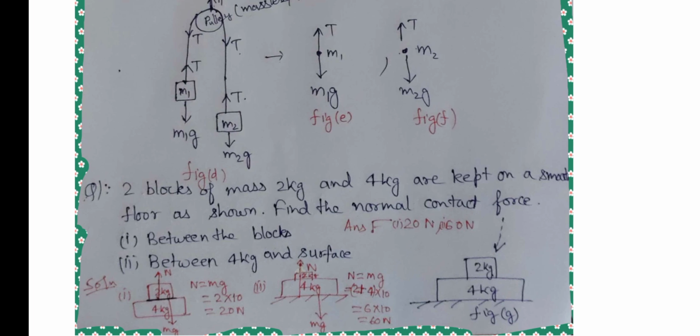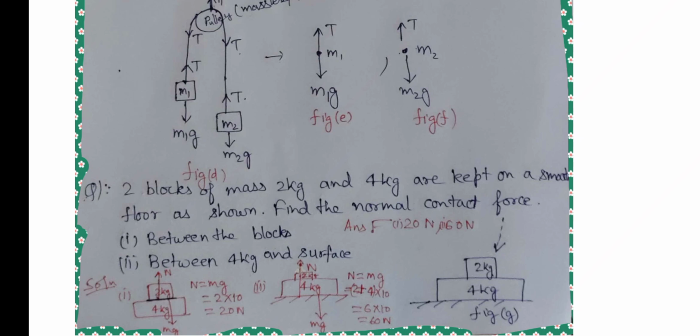Now the next question: between 4 kg and the surface. We have drawn the picture of the surface and the 4 kg block. We take both 2 kg and 4 kg here because the load on the surface is 2 kg and 4 kg. We can't remove the 2 kg because it is connected with the 4 kg and is also applying a force.